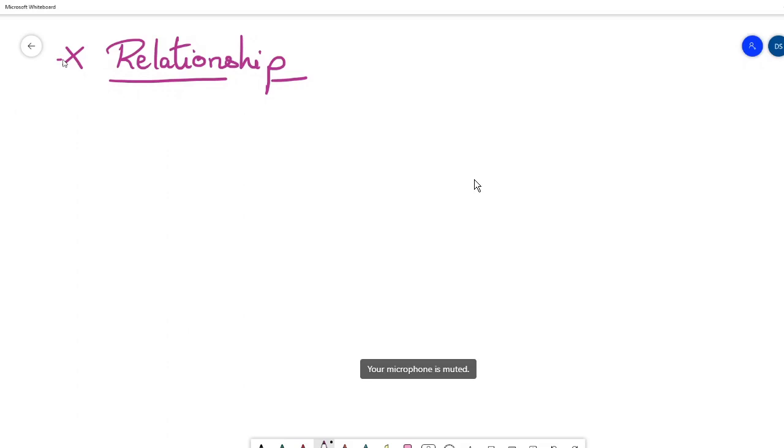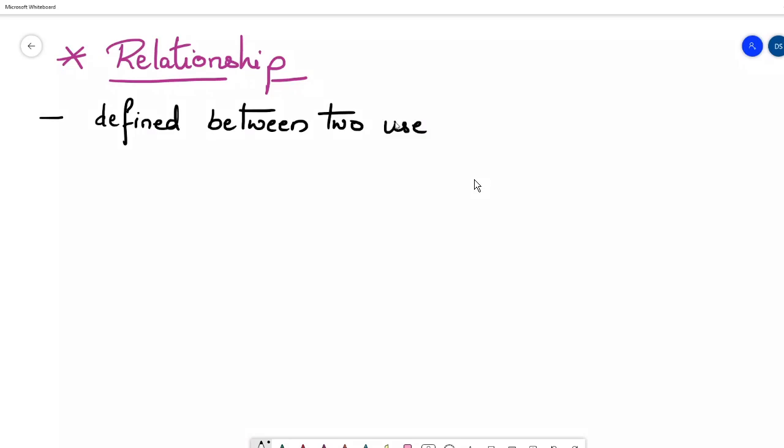So a relationship is usually defined between two use cases basically.